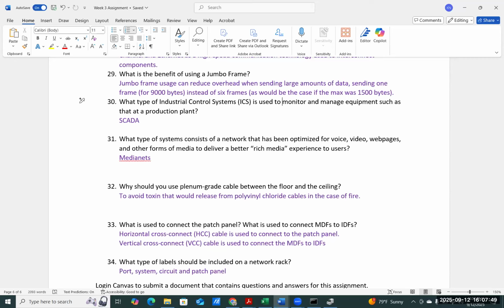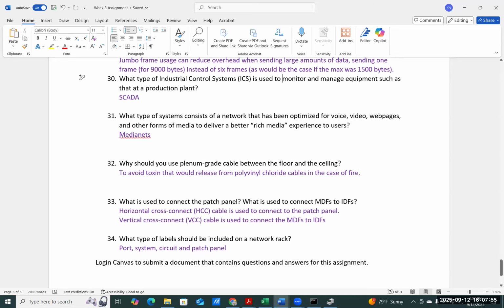33, which is used to connect the patch panel. They already wheeled out my patch panel, but the patch panel allows you to distribute the actual copper wire to your rack, right? And it would be used to connect MDF and IDF.